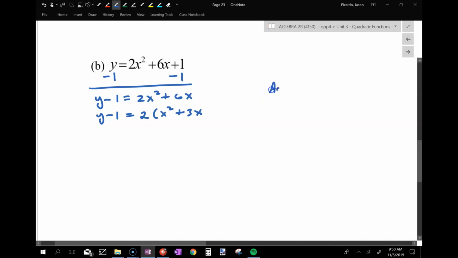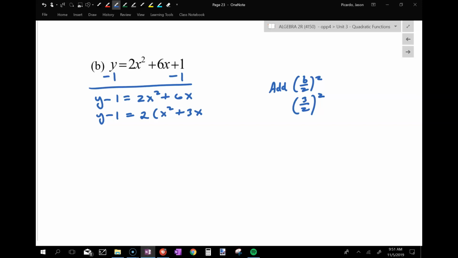Okay, so now I know I need to add half of my b squared. This is going to make you nervous. What's my b value? So I have 3 over 2 squared. What do we not like about this? It's a fraction. But guys, what's 3 squared? No. Listen to my question.